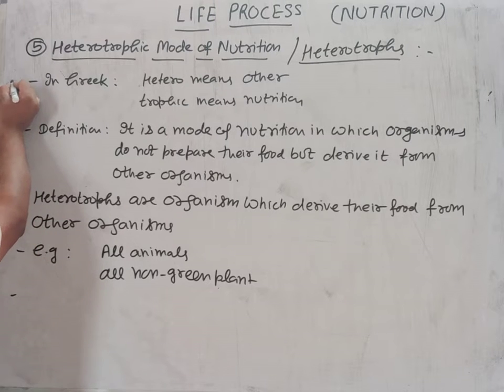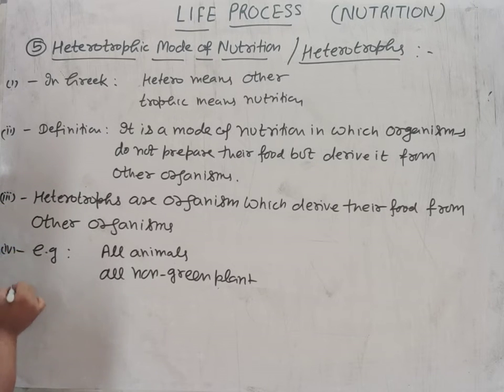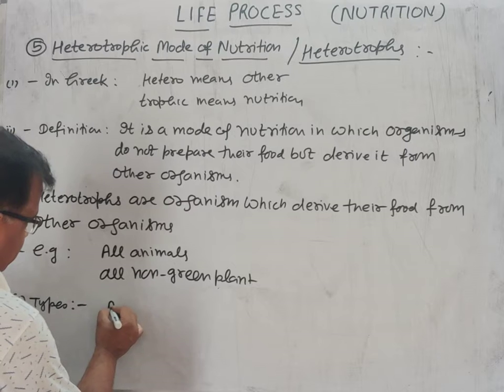So first, its meaning in Greek, second definition, third definition of heterotrophs, fourth example, fifth point we can say types of heterotrophic mode of nutrition. There are three types of heterotrophic mode of nutrition.